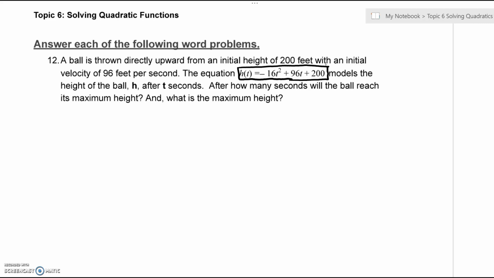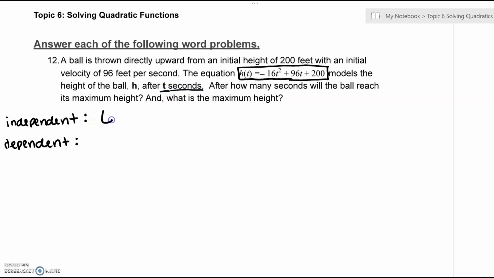I'm going to start by defining our variables here. So we need to define what is our independent variable and what is our dependent variable. And yesterday you guys did an awesome job of knowing that if there is a unit of time in a word problem, it will be independent. So our independent variable here is going to be seconds, and it tells us to use t.